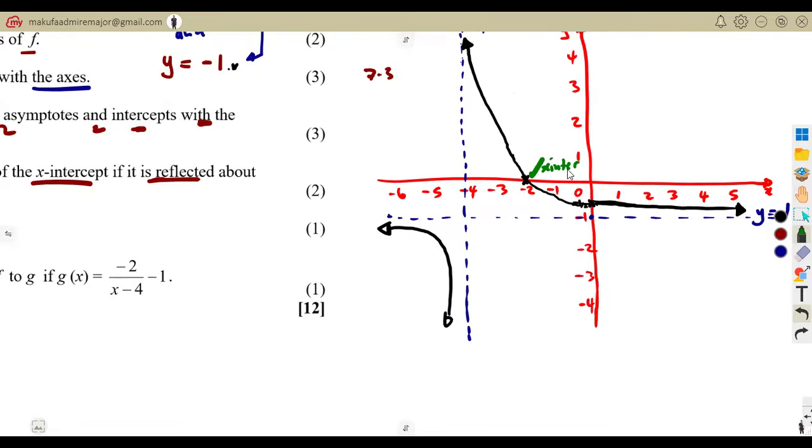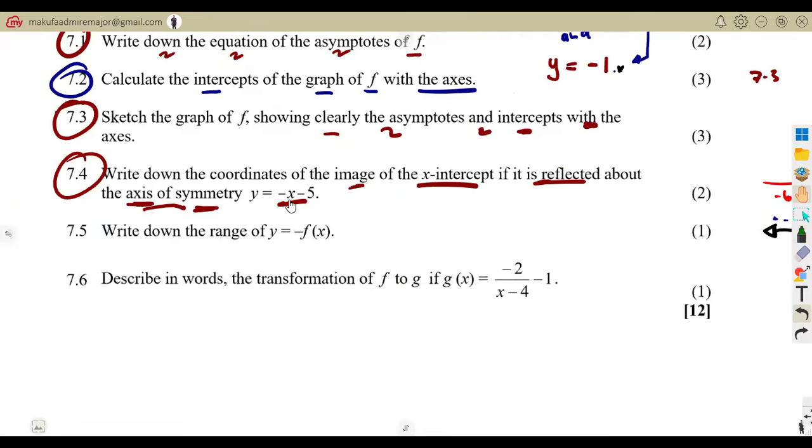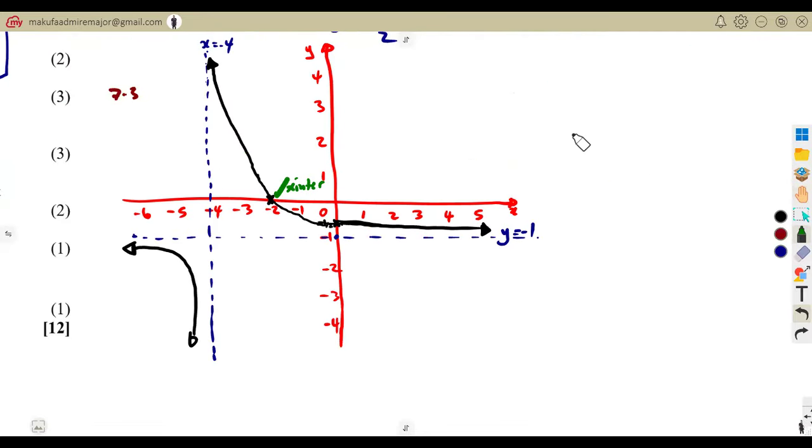Remember, that's our x-intercept. They're saying if it is reflected along the line, y is equal to minus x minus 5. Minus x minus 5 is the one that has got a negative gradient. Where you can say if x is equal to 0, you're going to see y is minus 5. If y is equal to 0, x is minus 5. In the y-axis, this line was going to pass at minus 5.